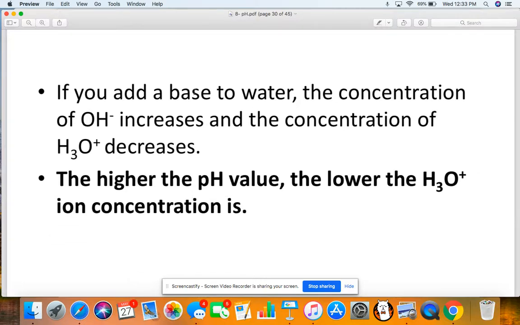If you add a base to water, the concentration of OH is going to increase. If the concentration of OH is going to increase, the concentration of H3O is going to decrease. Again, what does this mean? It means that the higher the pH value you have, the lower the H3O plus ions are going to be. So the higher your pH is, so for example, 14 is one of the highest pHs you can have, the lower this value is going to be here.